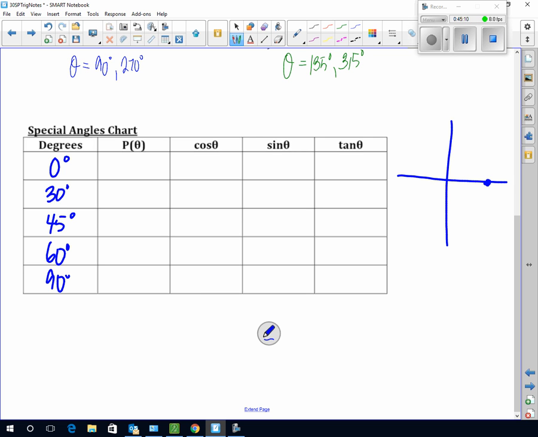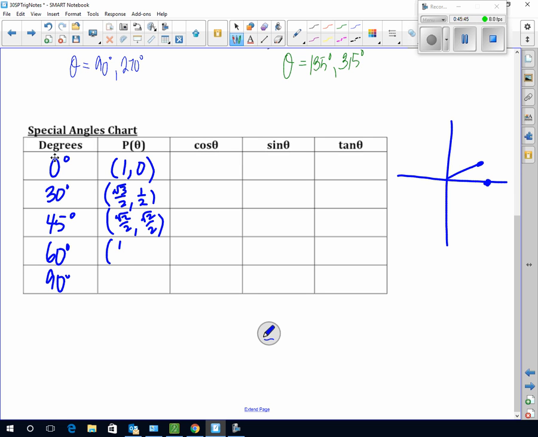What's the coordinate at 30 degrees? 30 degrees is your cos and your sine. So what would that be? Root 3 over 2, 1/2. This is where your hand comes into play. 45, what's the coordinate? Root 2 over 2, root 2 over 2. 60, 1 over 2, root 3 over 2.